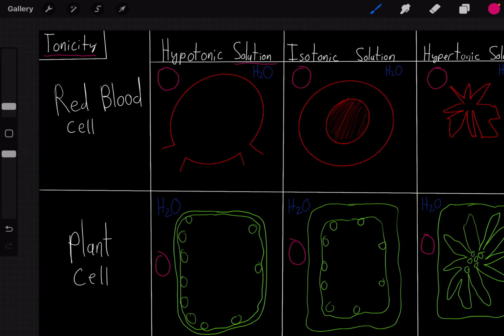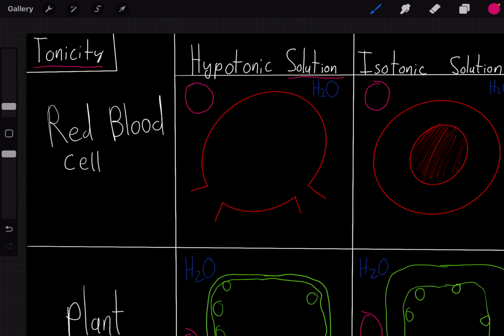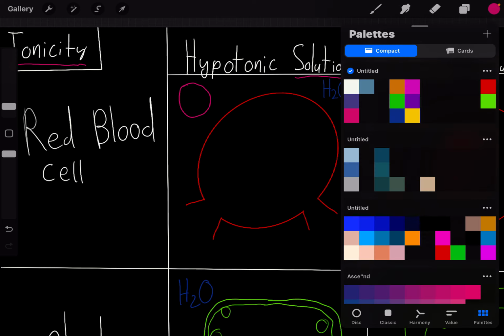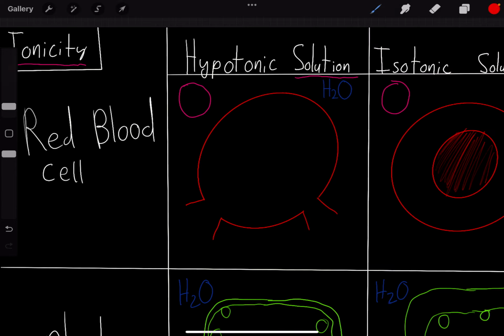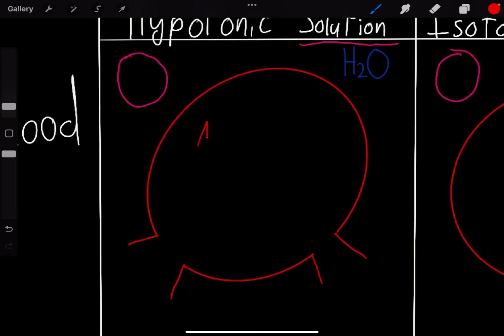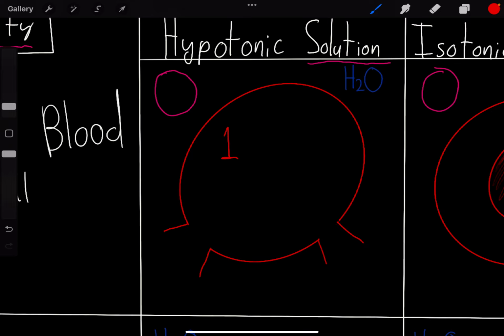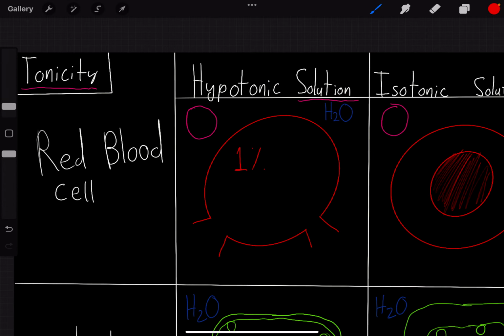We'll talk about what a hypotonic solution is. A hypotonic solution means it has a lower concentration than what we're comparing against. So what this means is, if our red blood cell is 1% concentration, then our solution would be less than that.